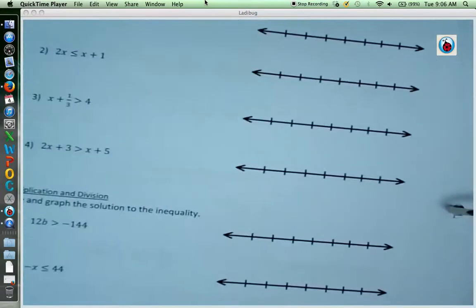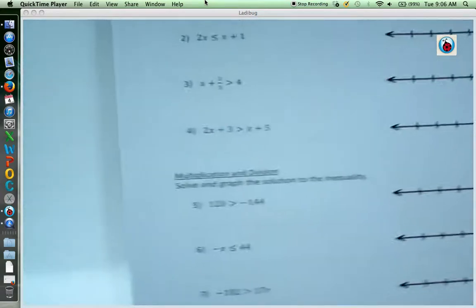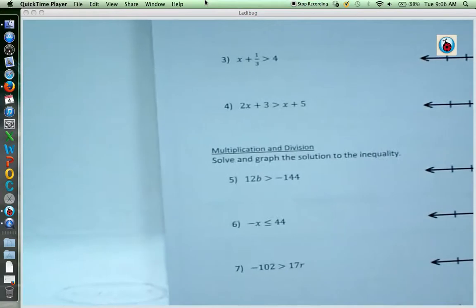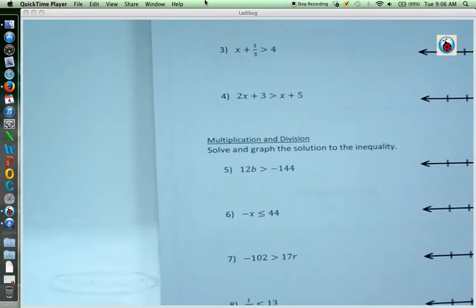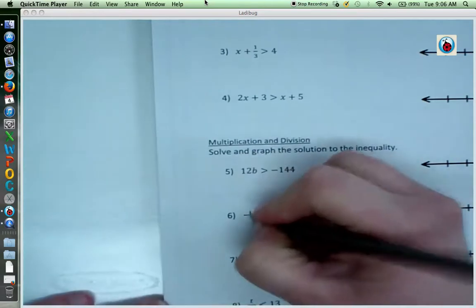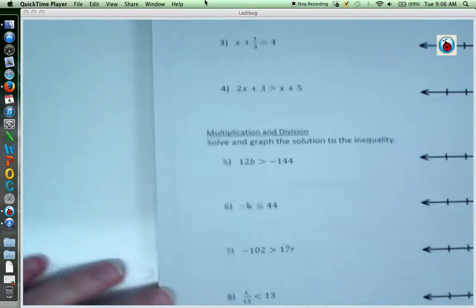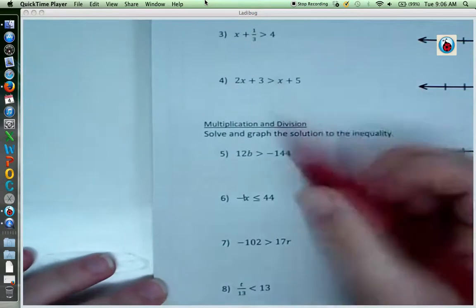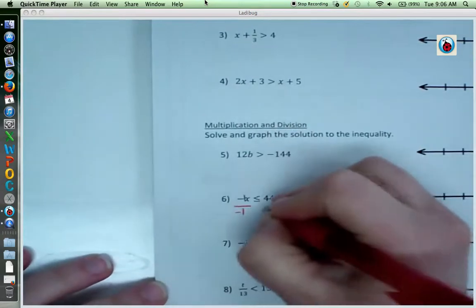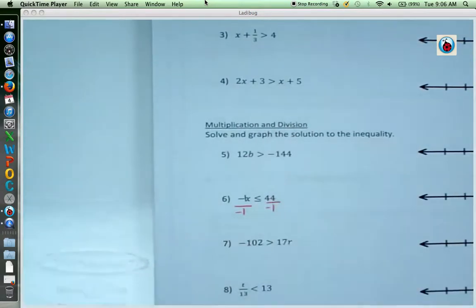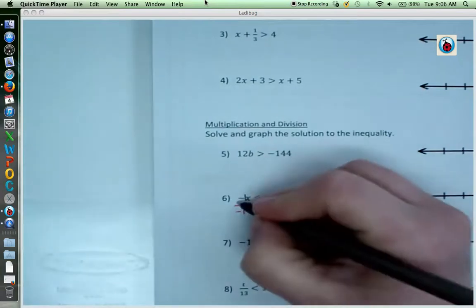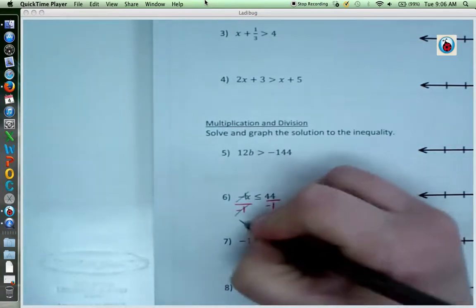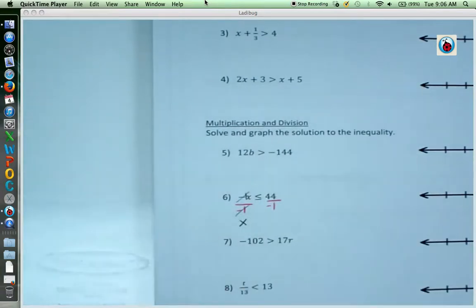Problem number 6 on page 106. We have -x is less than or equal to 44. -x is the same as -1 times x. So if I want to solve this for x, I would actually want to divide by -1 on each side. The negative ones cancel and I get x by itself on the left-hand side.